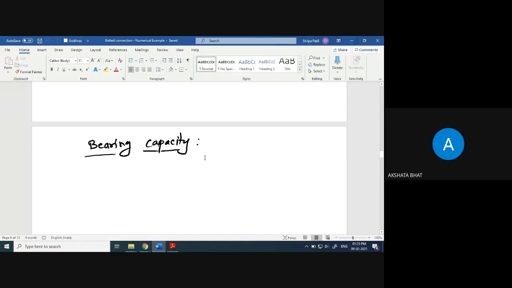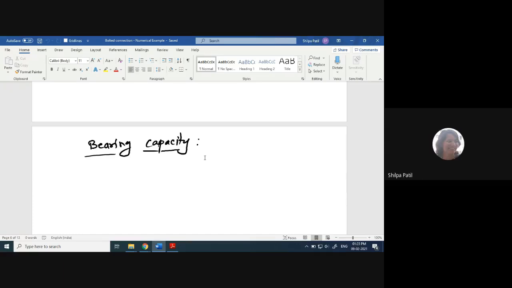VDPB is equal to VNPB upon gamma MB, where VNPB is the nominal bearing strength of the bolt.